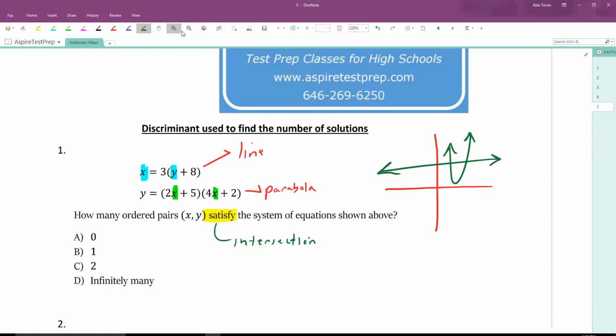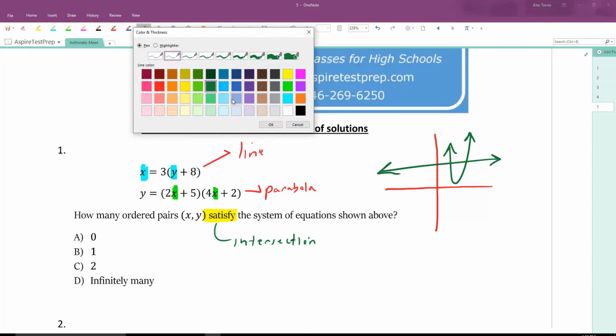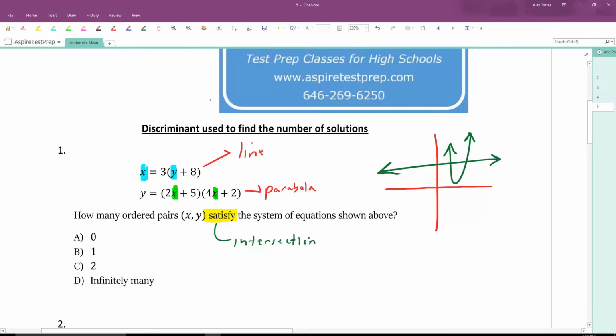Now, where functions intersect, those points of intersection are points where the x and y values are equal to one another. So if I have two functions and I want to know where they intersect, I have to imagine that the point where they intersect is a point where they have the same x and y values.